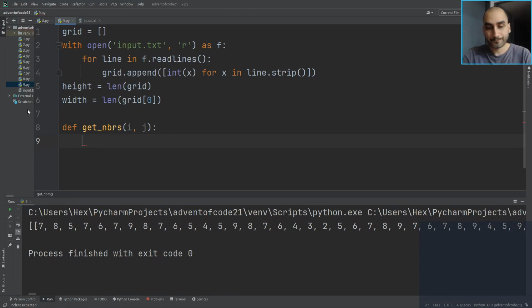So it's going to be minus 1, 0, 1, 0, 0, minus 1, 0, 1.